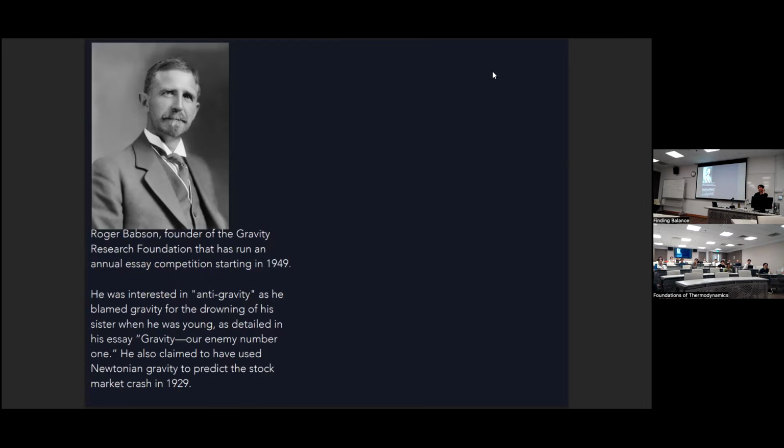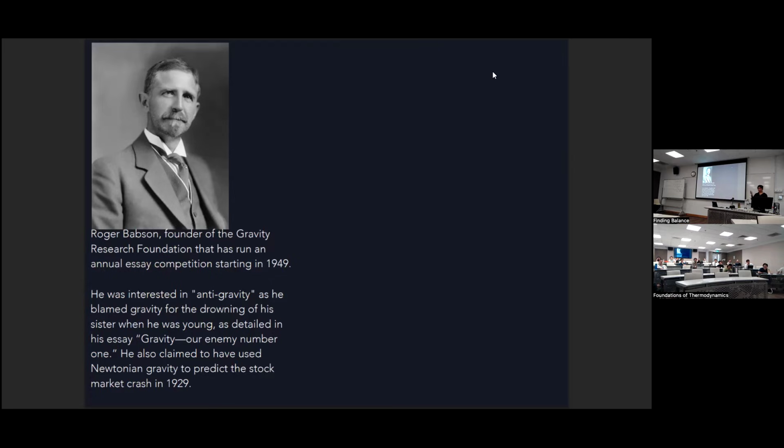Babson is interested in this topic because he's interested in pursuing anti-gravity. And he blamed gravity for the drowning of his sister when he was young. And he has this essay, "Gravity, Our Enemy Number One." So he wants to pursue research on gravity in order to, I don't know, get back at gravity for the drowning of his sister in an unfortunate accident.